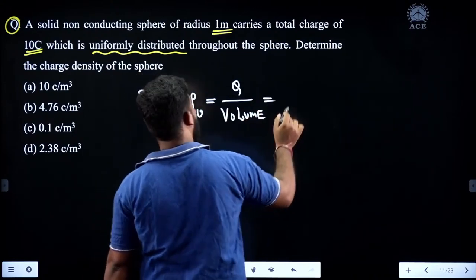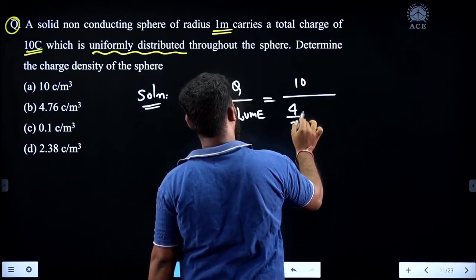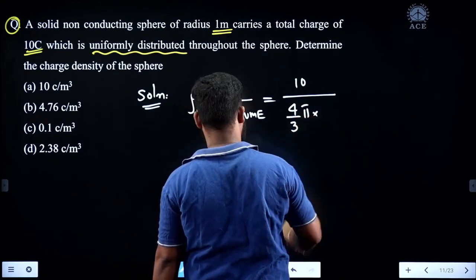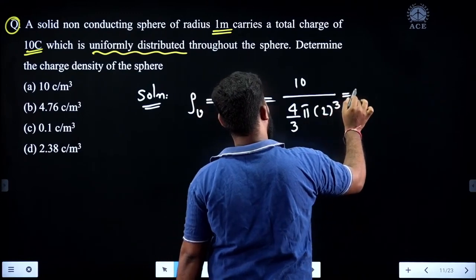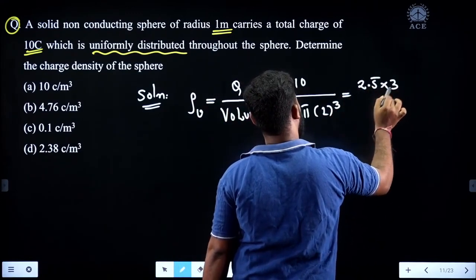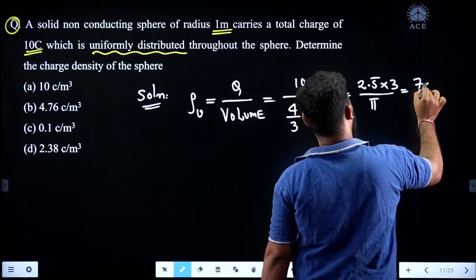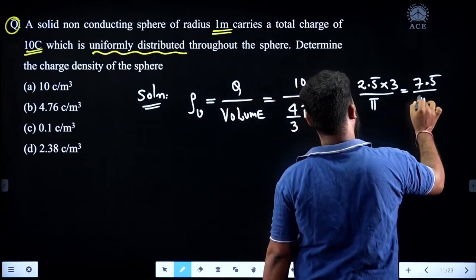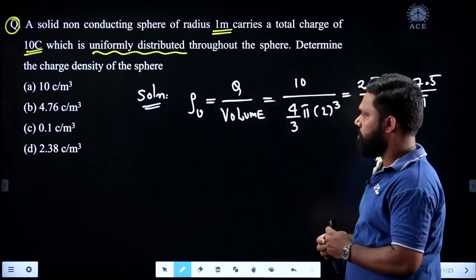What is the total charge here? It is 10 divided by the volume of the sphere, which is 4 by 3 pi r cube. So here it is 2.5 into 3 divided by 5 pi, 7.5 divided by pi. Pi is approximately 3.14.